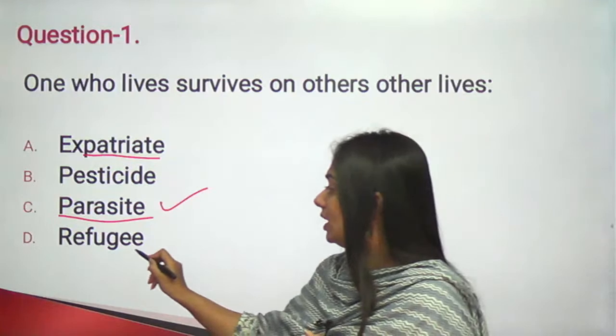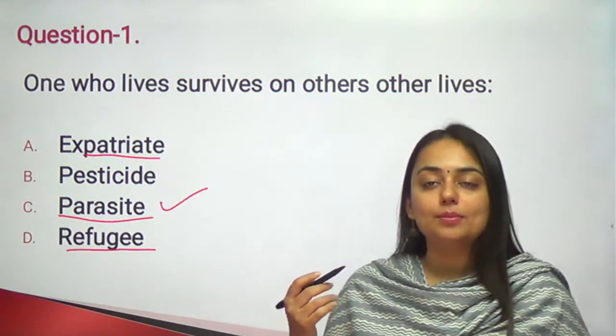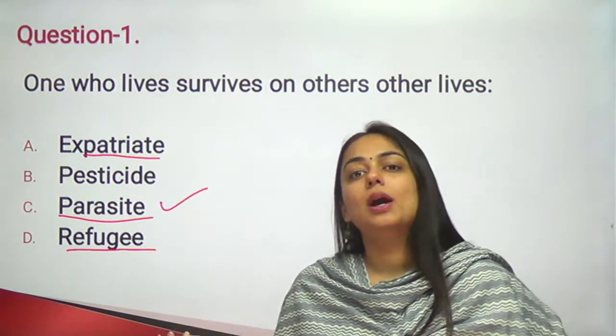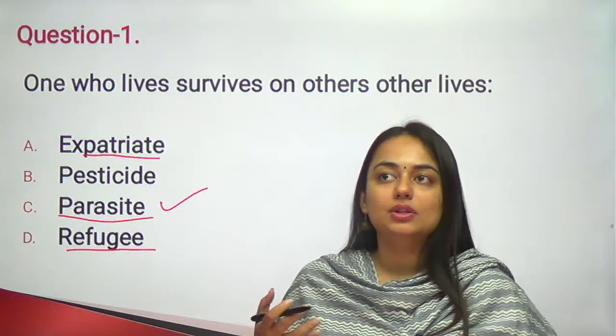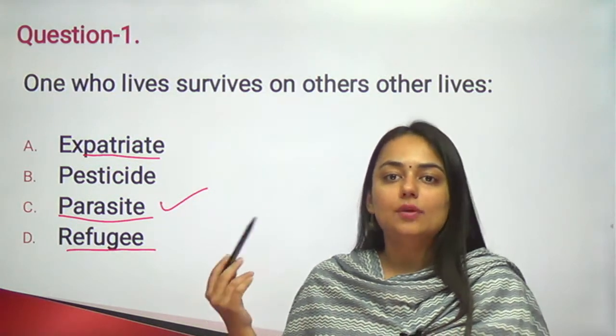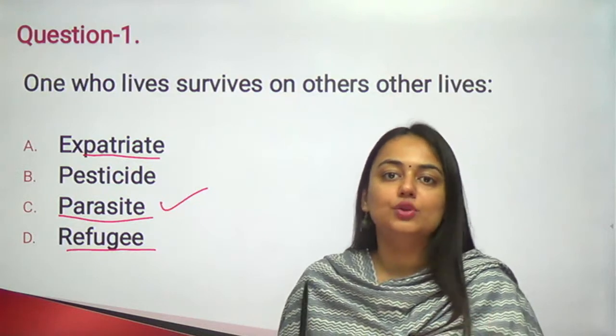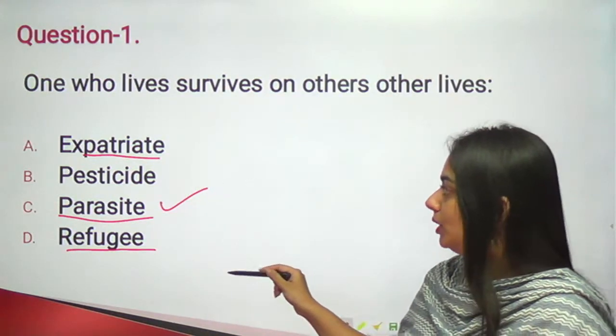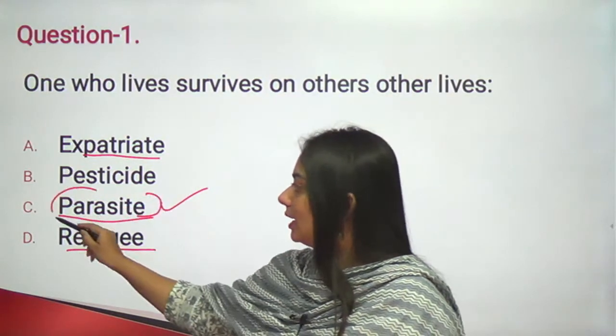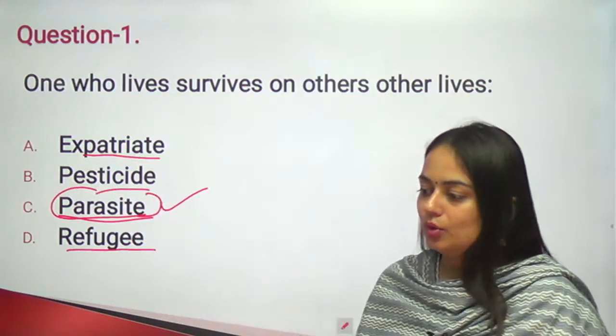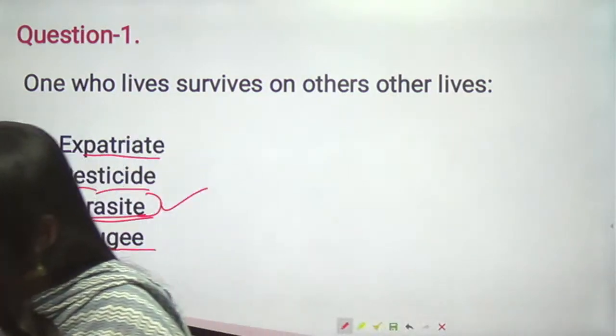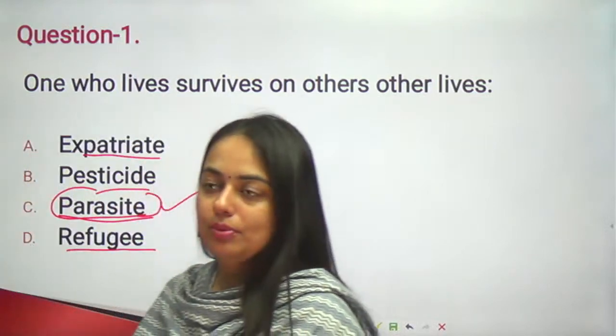A refugee is a person who comes to one country from some other country. So a person who is homeless and has come from some other country is known as a refugee. That is the difference between them. Parasite is the only right answer here, no close contender. I hope this one is clear. Absolutely right, Krishna. It should be parasite.